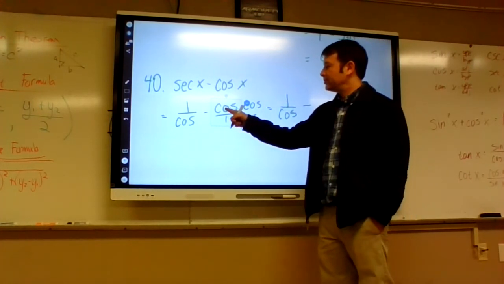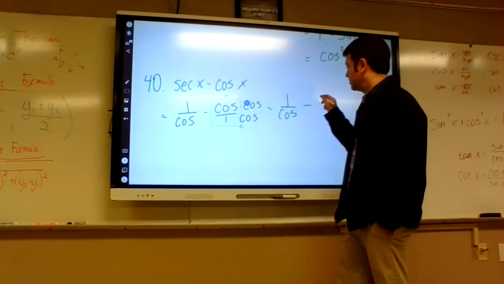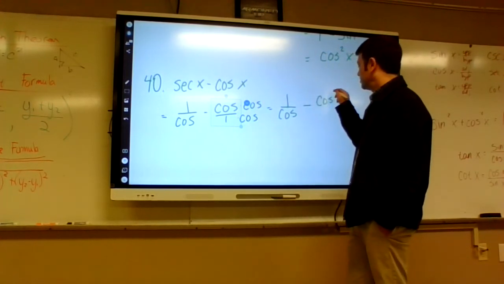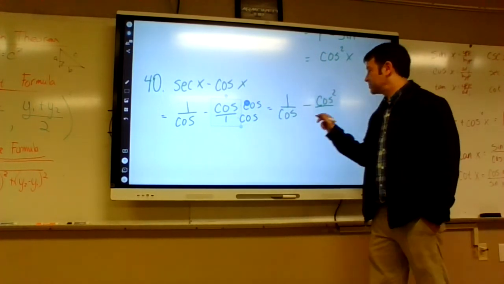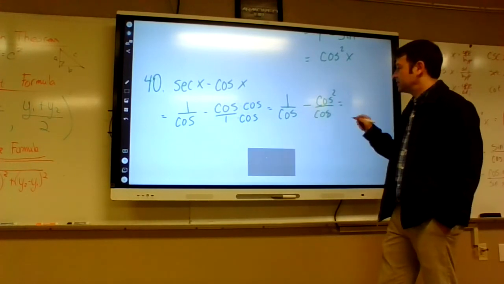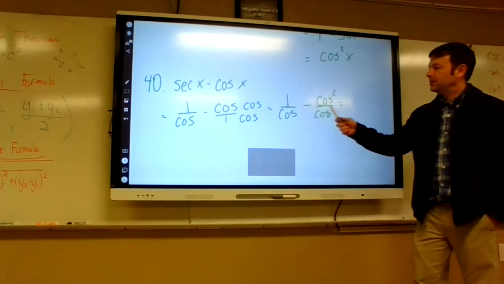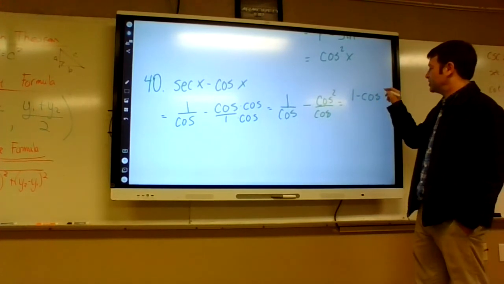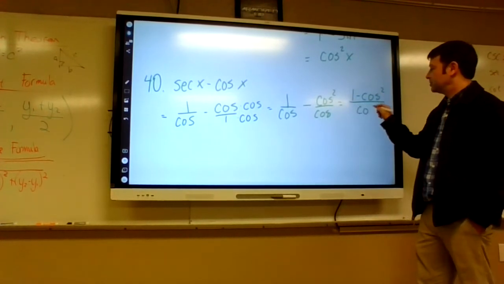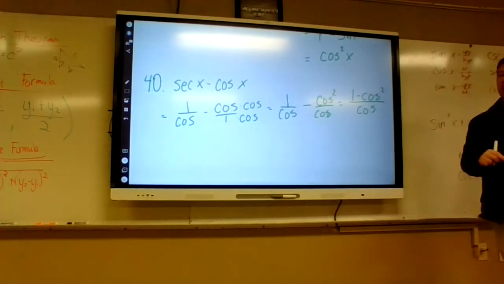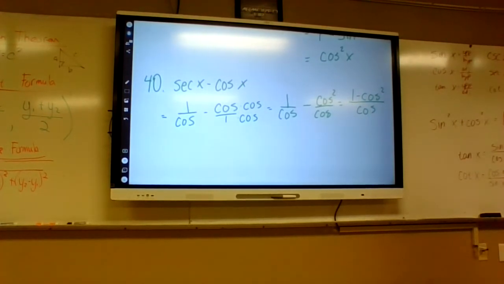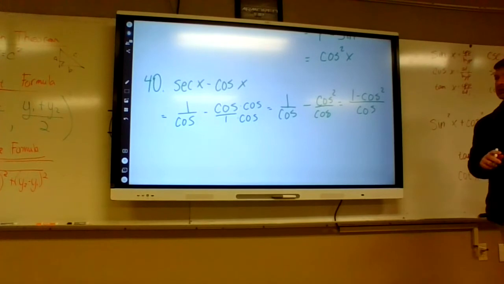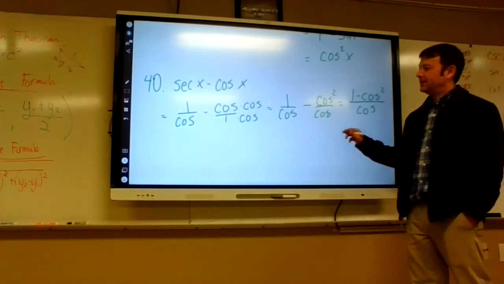What's cosine times cosine? And then this is just cosine. Now that they have the same denominators, you can put them together. It's 1 minus cosine squared. Remember, when you add and subtract fractions, the denominator does not change.